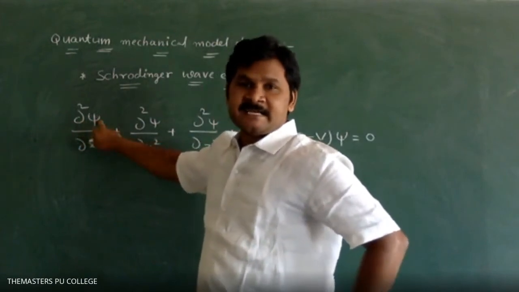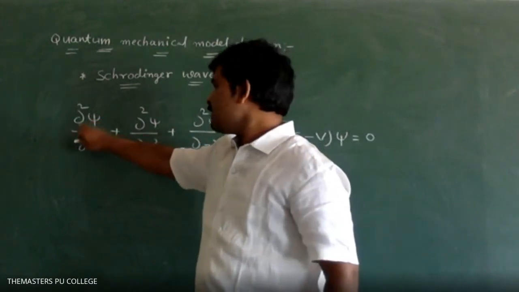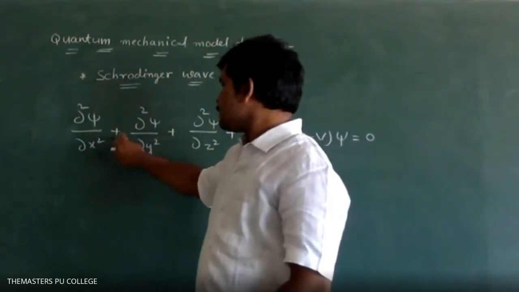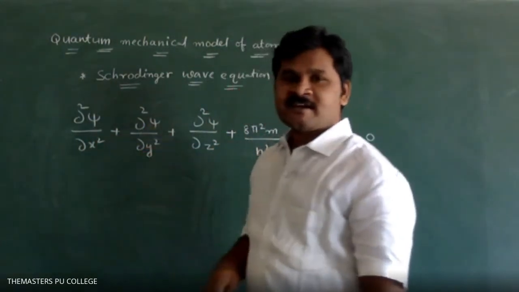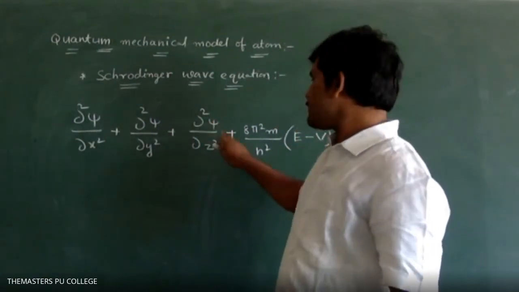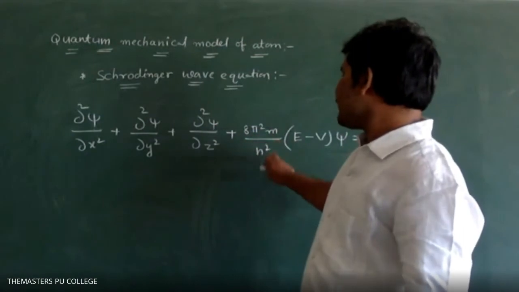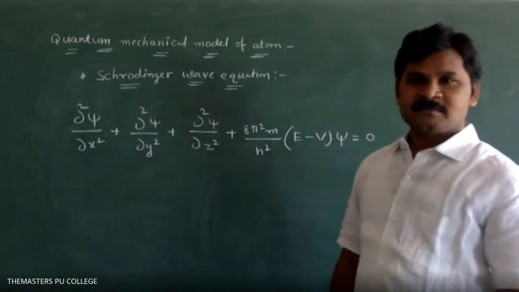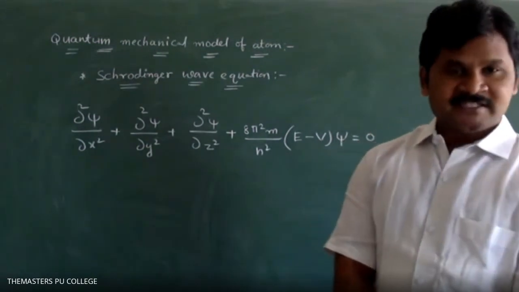This is psi. Dou square psi by dou x square plus dou square psi by dou y square plus dou square psi by dou z square plus 8 pi square m by h square into E minus V into psi is equal to 0. This is the Schrodinger wave equation.